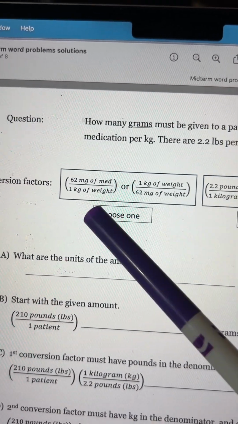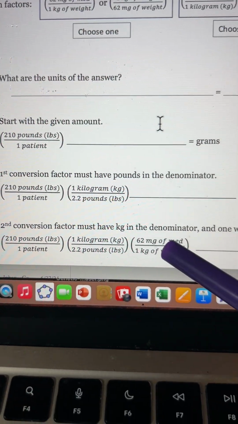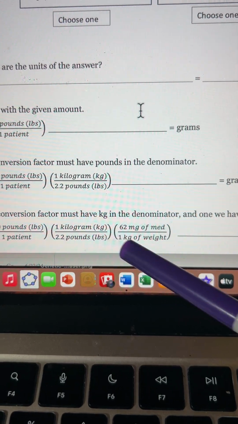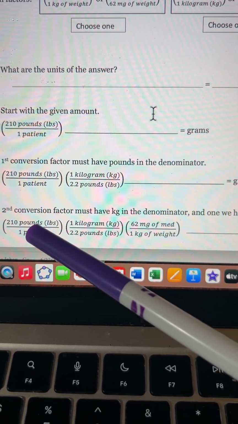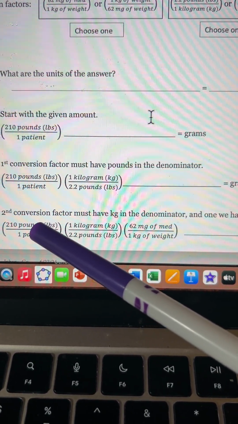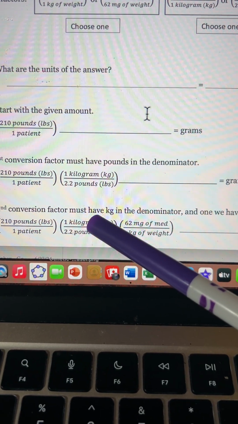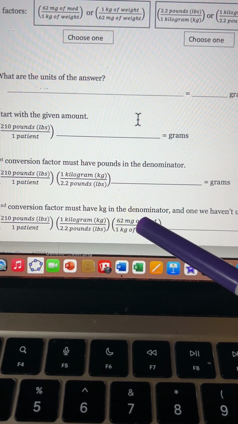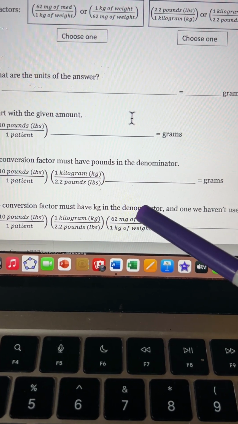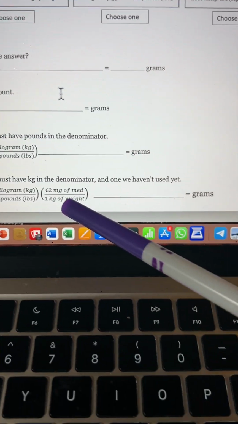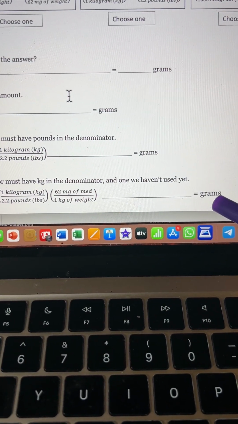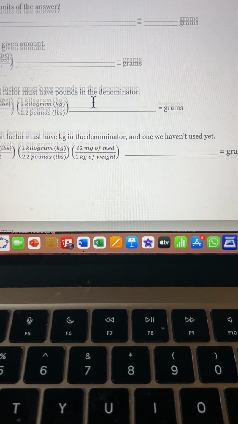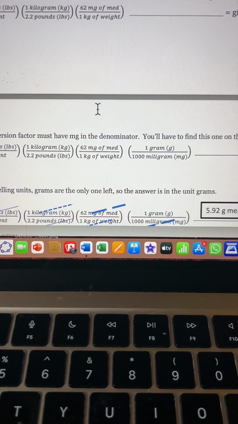Yep, put a check on it, don't use that again. You put 62 there and you cancel it out. So we're converting from pounds of patient, now kilograms of patient. Now this conversion factor is taking into account for every kilogram of patient, it takes this much medicine. And look, milligrams and grams, we're closer. So let's look at the next step.